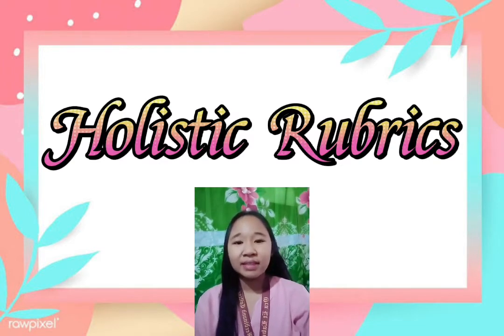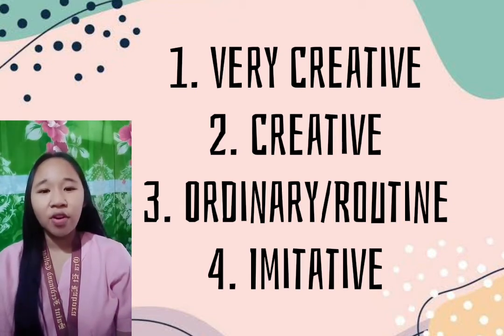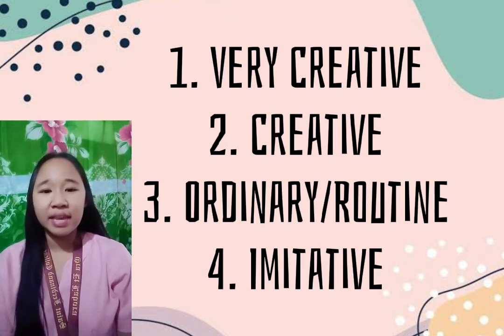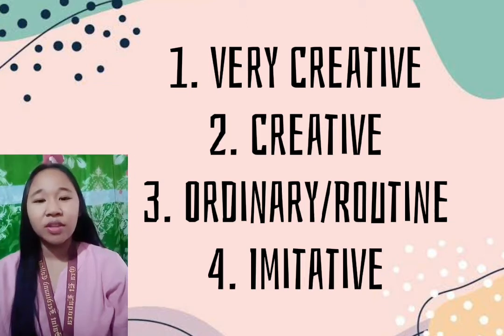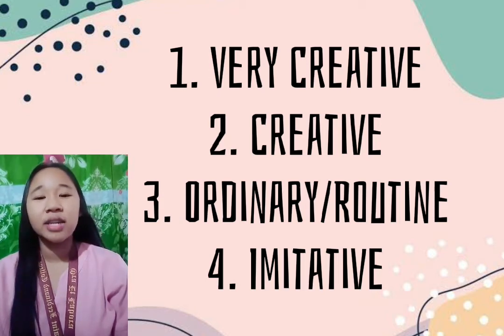The next slides are just an example of a holistic rubric for creativity. The levels are: the very creative, the ordinary or routine, and the imitative. In very creative, ideas represent a startling variety of important concepts from different contexts or disciplines.